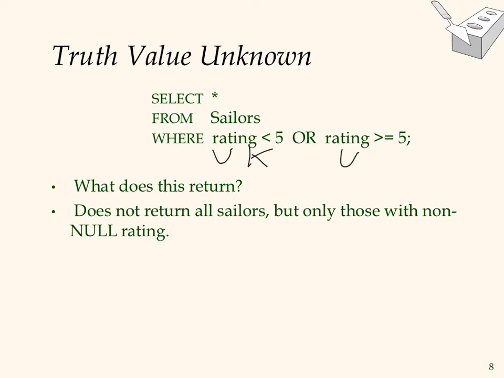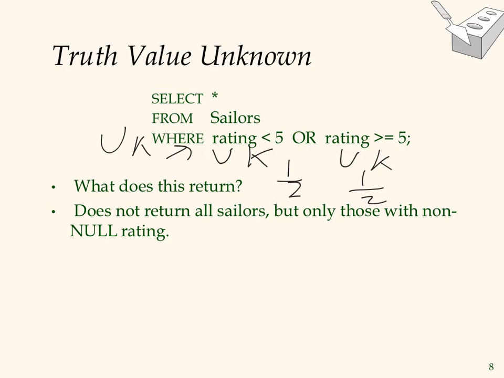So now we have unknown or unknown. If you apply the rule that we just learned, that's the same as saying minimum of a half and a half. So that will give you a half, also unknown. So unknown or unknown is unknown. So that means that the whole where clause evaluates to unknown. Okay, the whole thing.